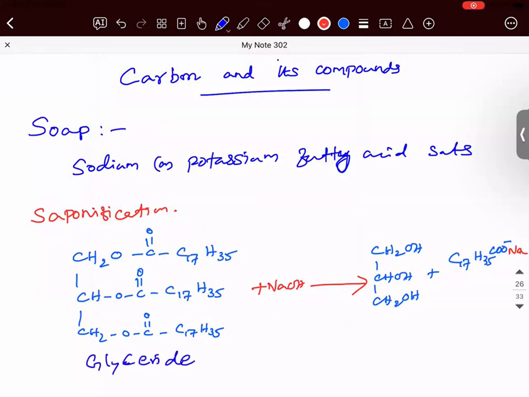This glyceride will give glycerol plus soap. When you are taking potassium hydroxide, it becomes a potassium salt.